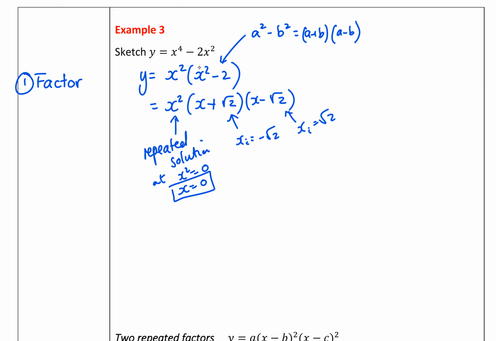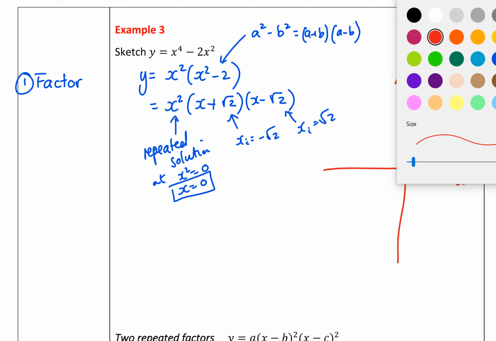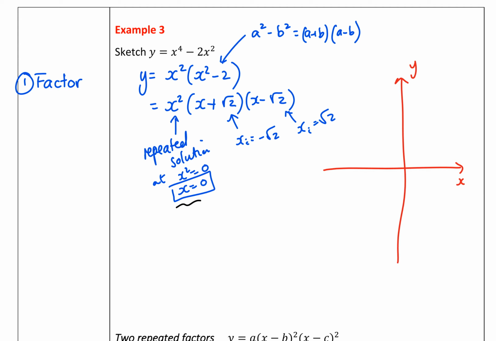So if I quickly sketch up an axis, pretending that I've used a ruler for those straight lines, at y we've got x. I know that there is a turning point here at 0. I know that there's an intercept at negative root 2 and one at positive root 2.